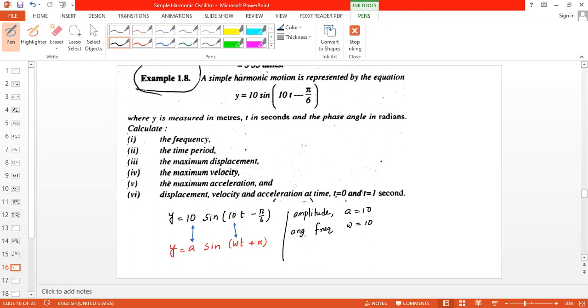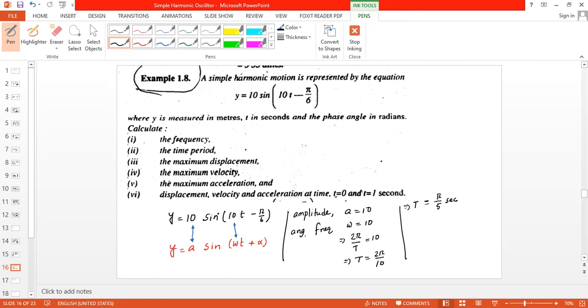And omega is basically equal to 2 pi by T, where T is the time period, equal to 10. So time period T equal to 2 pi by 10. So we can say time period T equal to pi by 5 second.